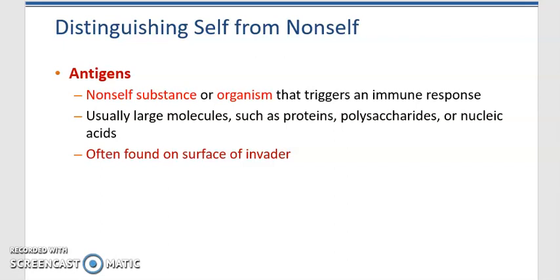So antigens are typically large molecules such as proteins, polysaccharides, nucleic acids. But if you're talking about an antigen, say on a bacteria cell or on a microscopic type of worm or protozoan, they would be membrane-bound proteins that identify that cell, that living cell, as non-self in our body.